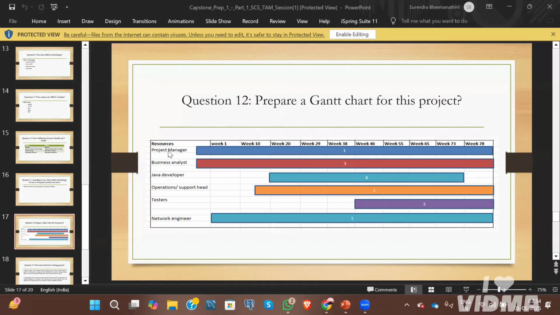For the project manager we have only one. For Java we have four Java developers, and three business analysts. These numbers are the number of resources for this project.